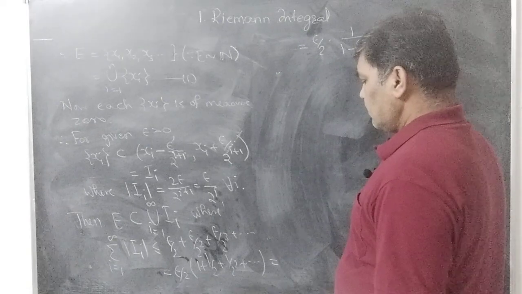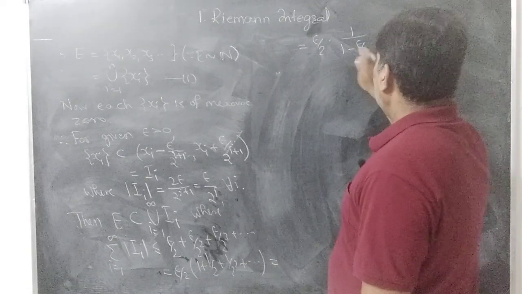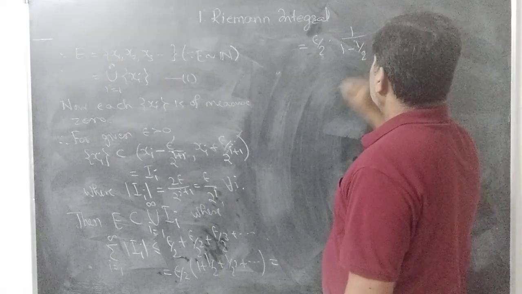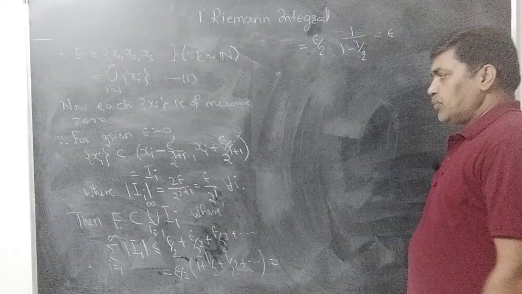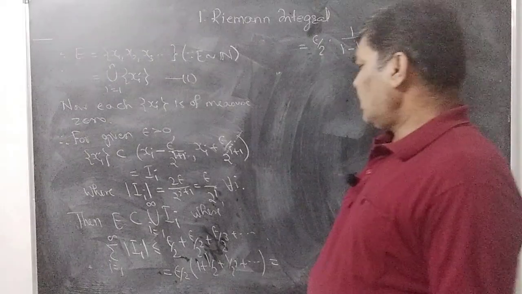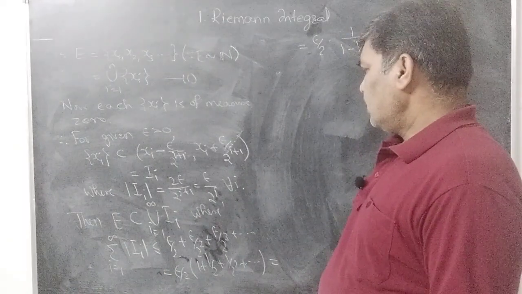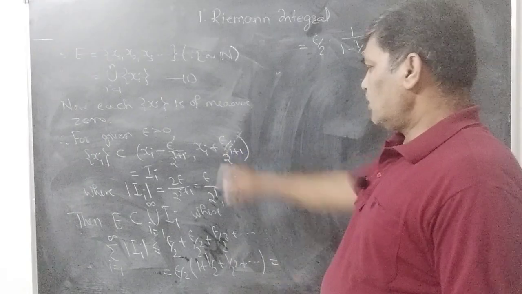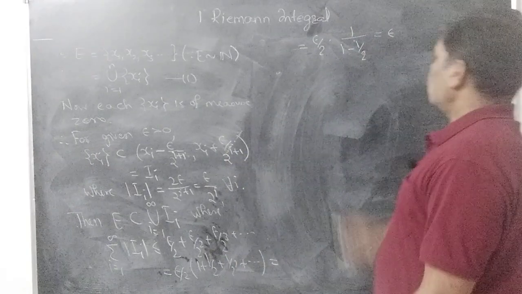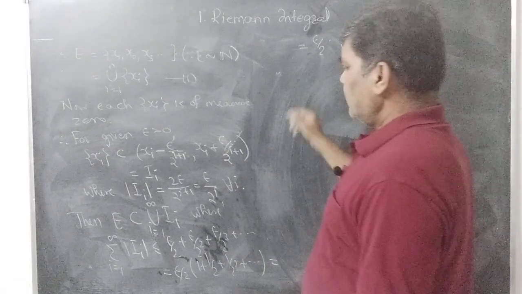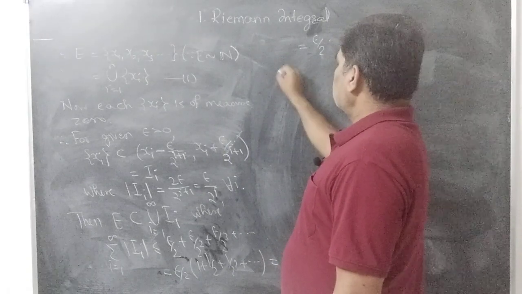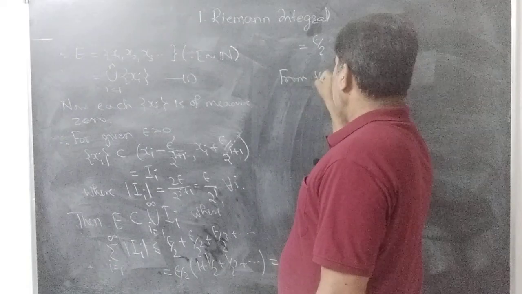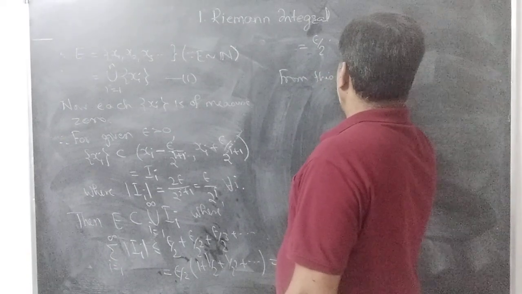which is equal to epsilon. So since the length of Ii is epsilon upon 2 raised to i, I will get less than or equal to epsilon. So from this, E is of measure 0.